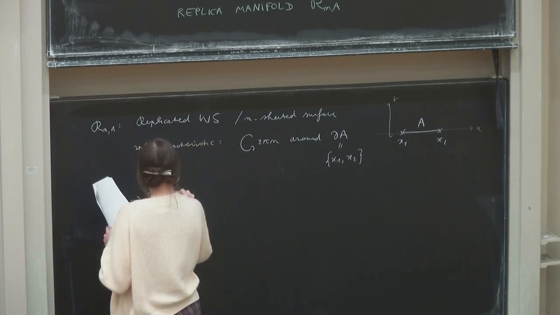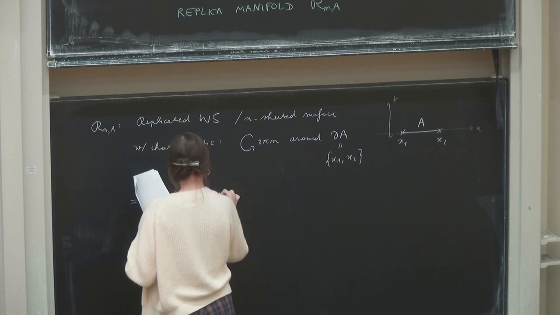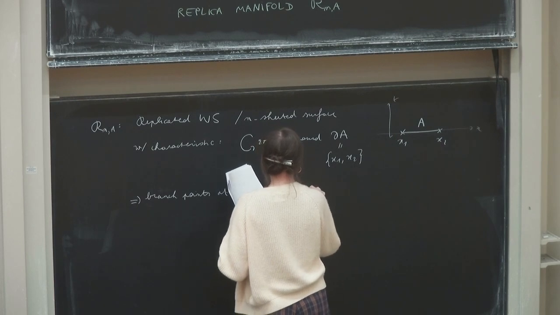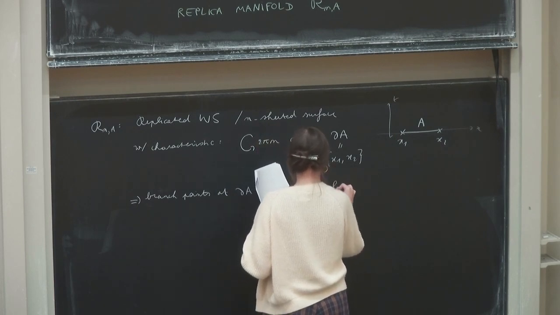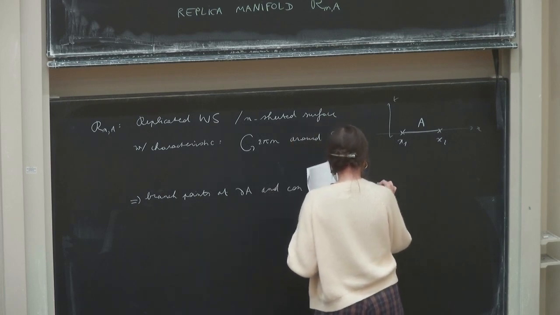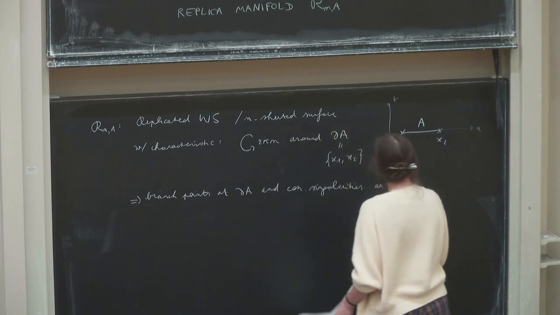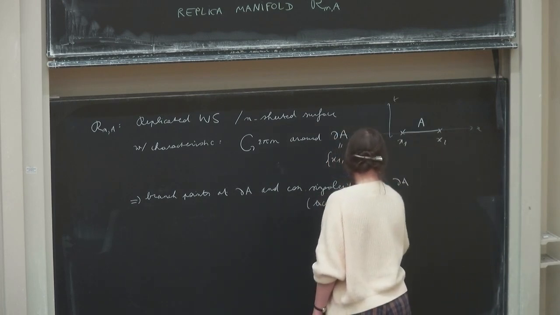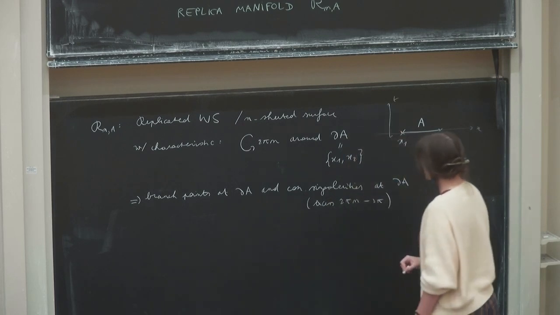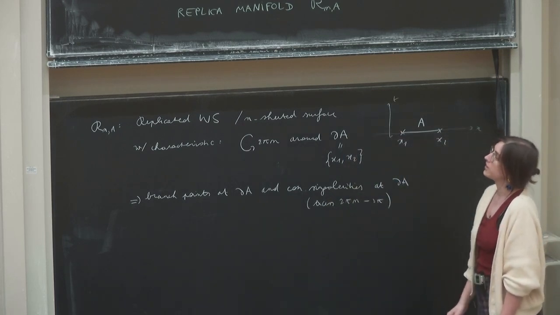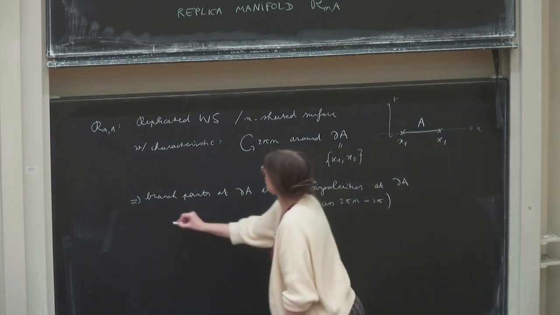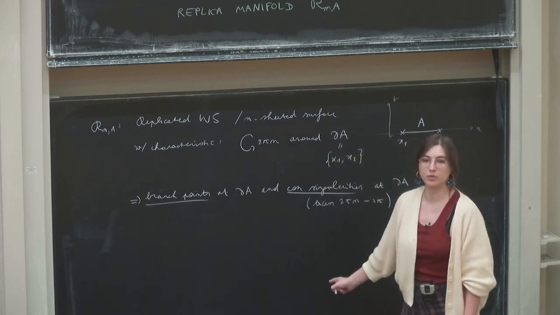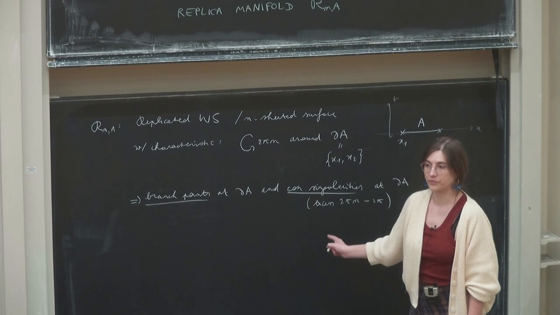So the fact that it takes you 2 pi n to go around the boundary of A means that there are branch points at those locations and also conical singularities at those locations. Namely, there's conical excess because instead of going around once, you go around n times. Both of those statements about the branch points and the conical singularities, I'll give a bit more details just now, okay?